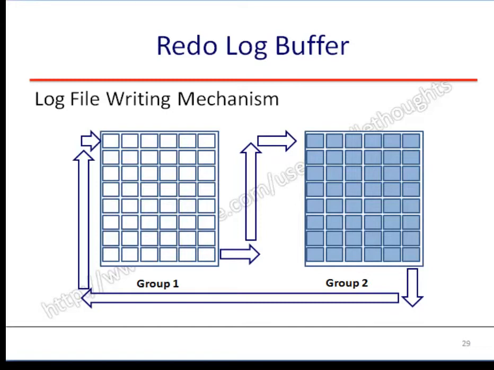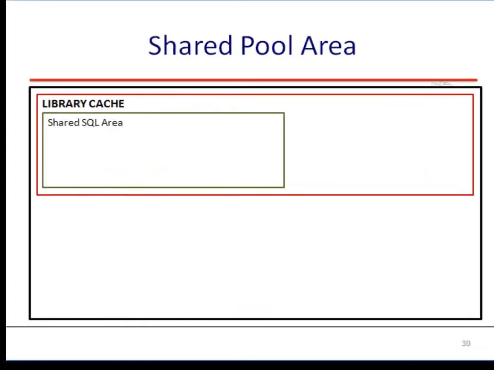And then there is another background process called the archiver, which actually makes a copy of your log files. The files which are archived are referred to as the archived log files. Those are things that we look at in a later session.